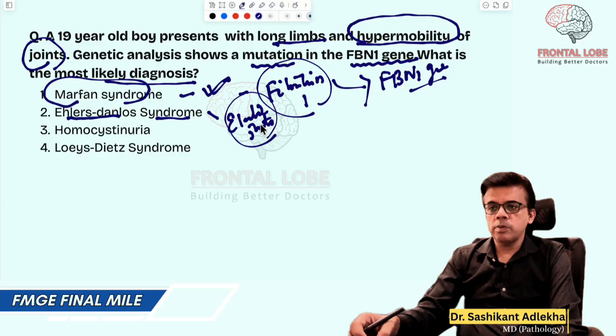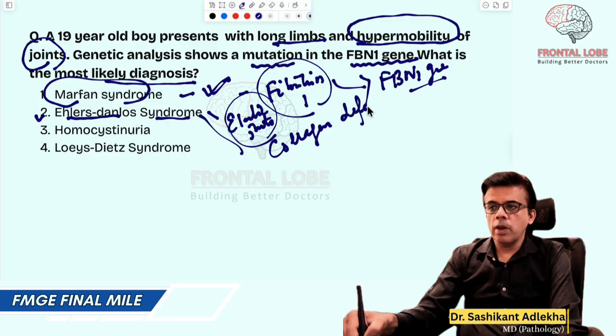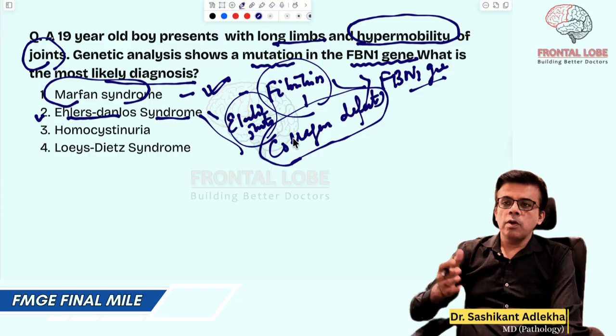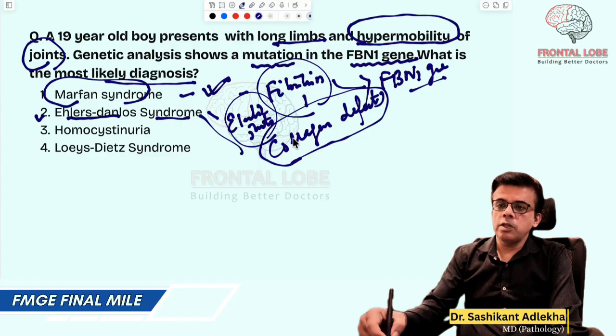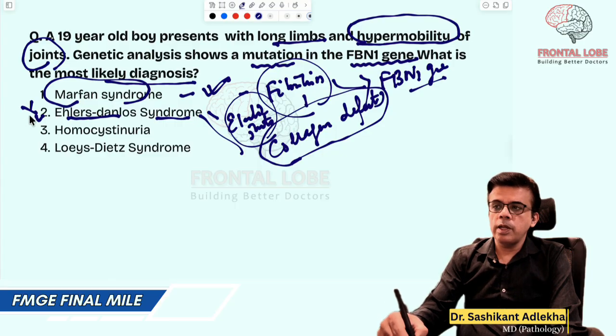The skin is also hyperstretchable and hyperextensible. This is more likely to be Ehlers-Danlos syndrome, but in Ehlers-Danlos syndrome the FBN gene defect is not there; multiple different collagen defects are there. So rather than fibrillin, the basic defect is a collagen defect, and there are cardiovascular, skeletal and different types of Ehlers-Danlos syndrome. 8 to 9 variants exist with different predominant clinical features. So this will be ruled out over here, as FBN1 is not the defect.